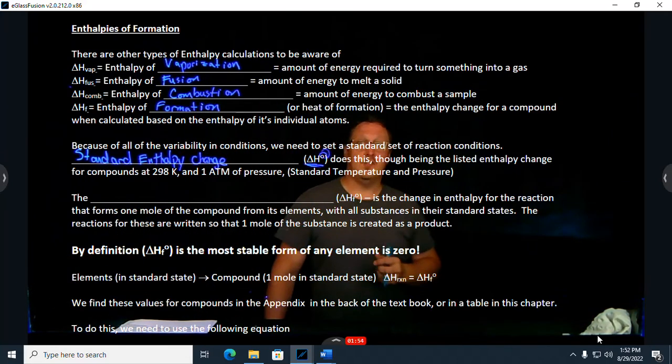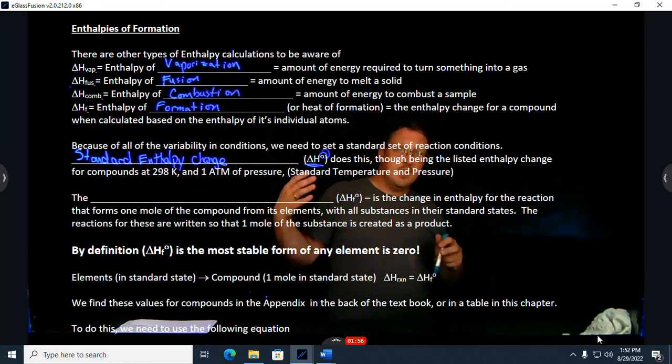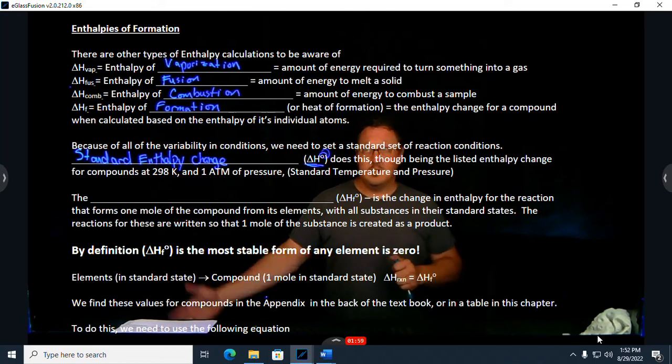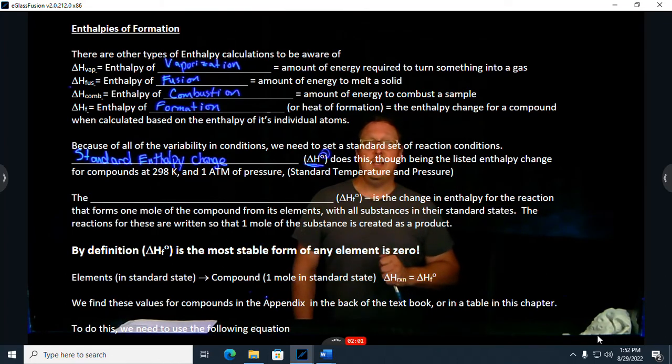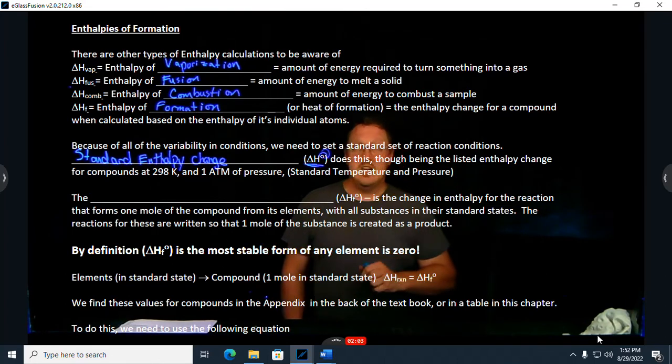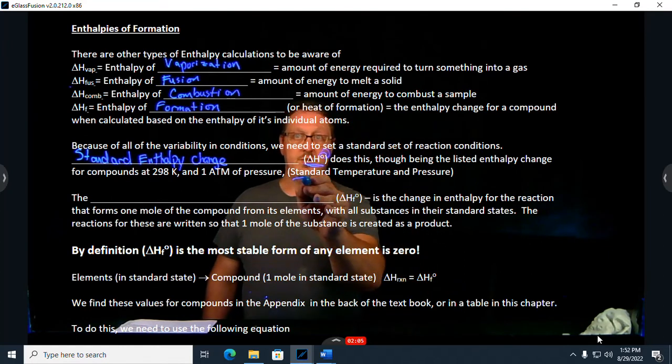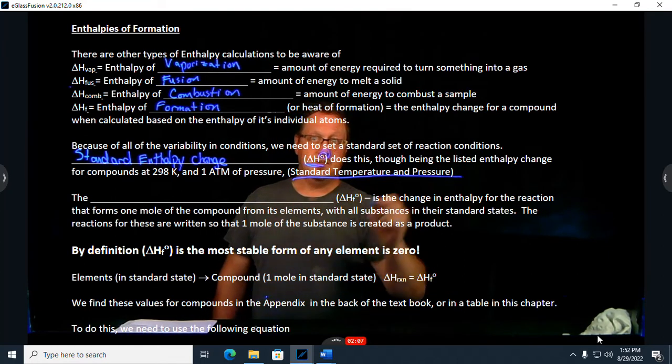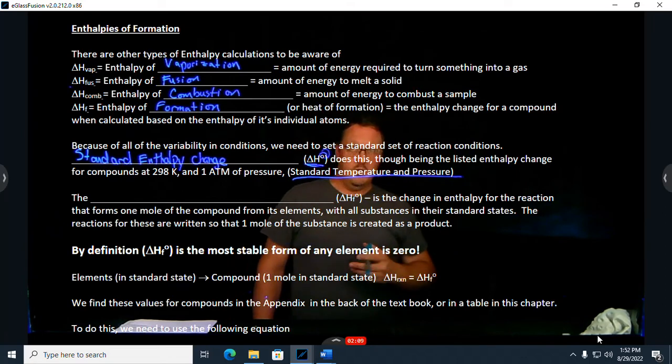The standard enthalpy change is the listed enthalpy change for compounds at 298 K and 1 atmosphere of pressure. These are just standard temperatures and pressures. You guys remember that from gases last year, so it's the same thing.